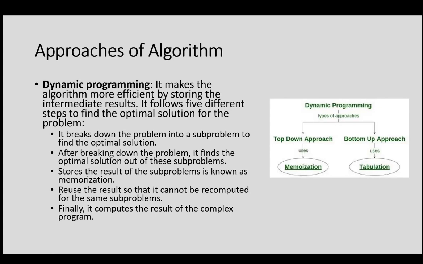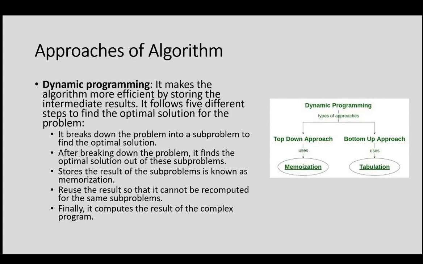The first one: it breaks down the problem into sub problems to find the optimal solution. As we have in divide and conquer, a problem will be there, and you divide it into sub problems. After breaking down the problem, it finds the optimal solution out of these sub problems.